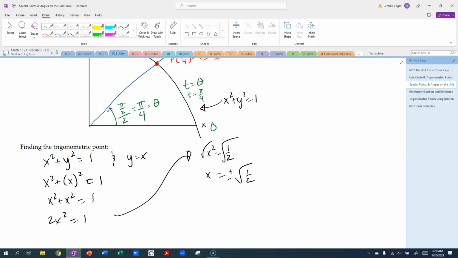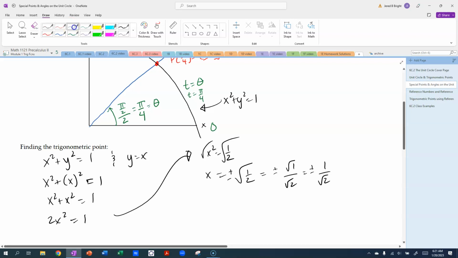This is fine for me, but our online systems and whatnot will generally balk at us and say this is not right, this is not simplified. So if you want, you can say this is plus or minus the square root of 1 over the square root of 2, so plus and minus 1 over square root 2.